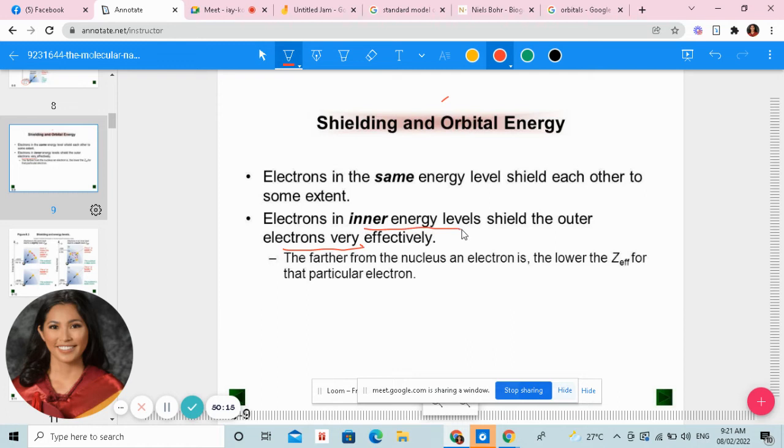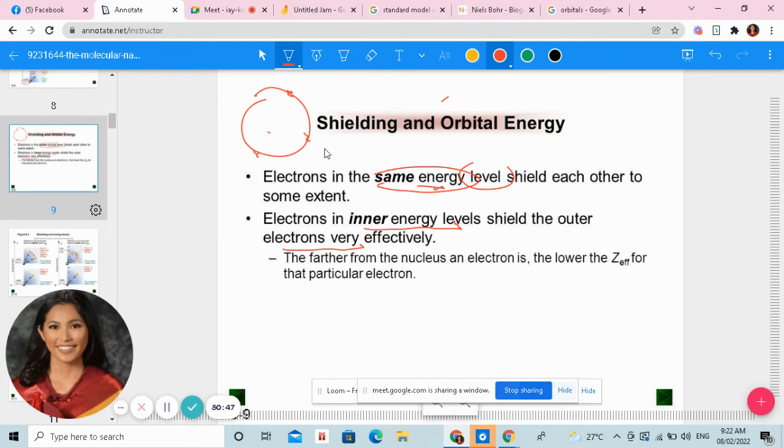If we have electrons in the same energy level, for example level 4, their shielding power is the same.